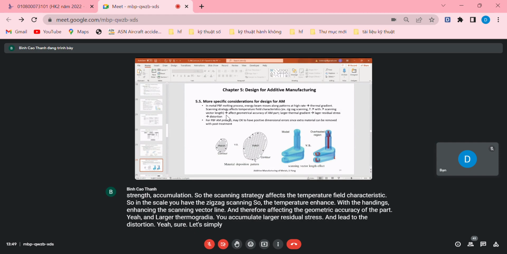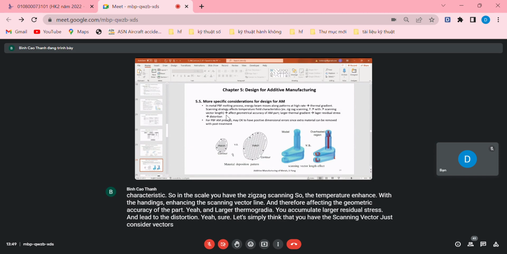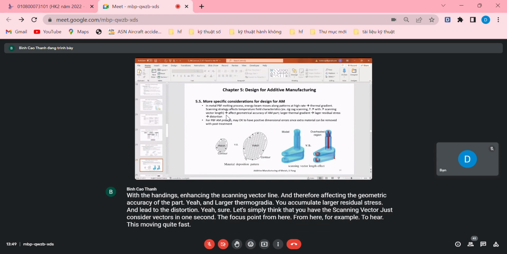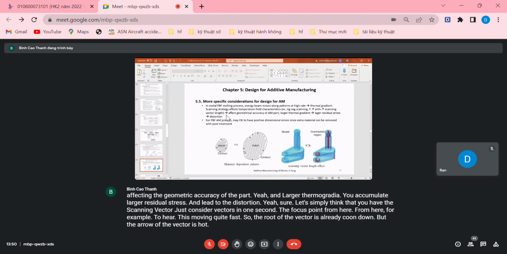Let's simply think that you have the scanning vector, just consider vectors. In 1 second, the focus point moves from here, for example, to here. So it's moving quite fast. So the root of the vector is already cooled down, but the arrow of the vector is hot.